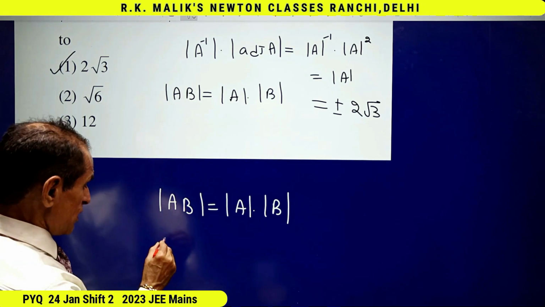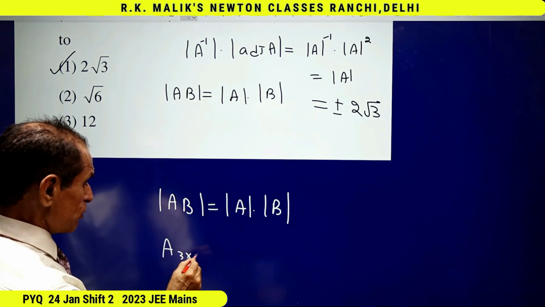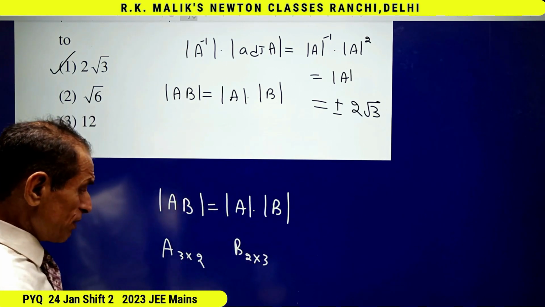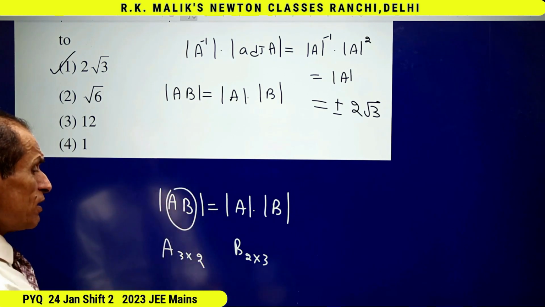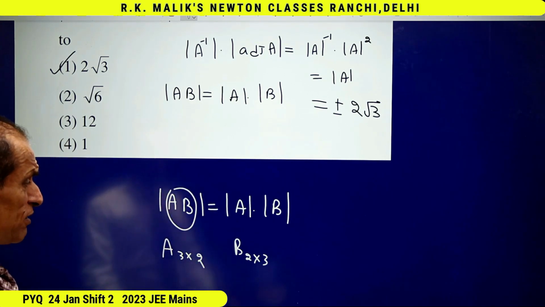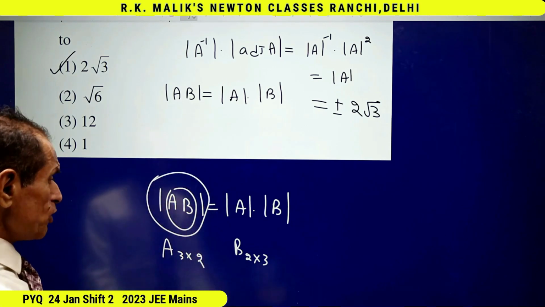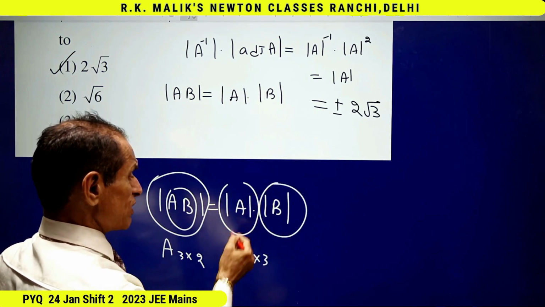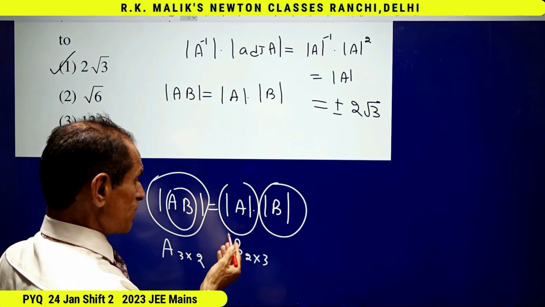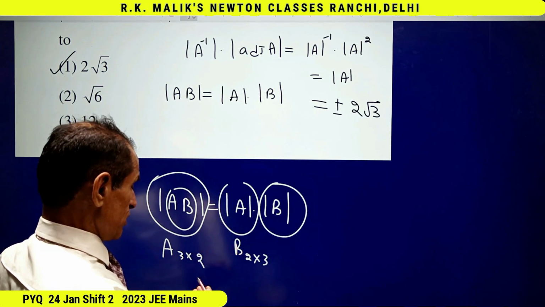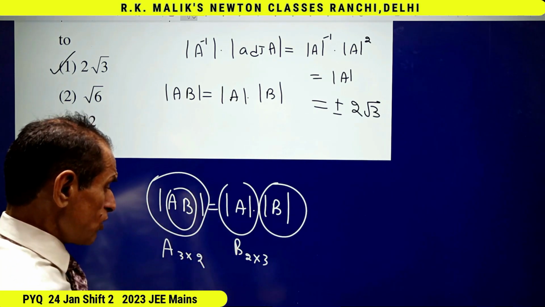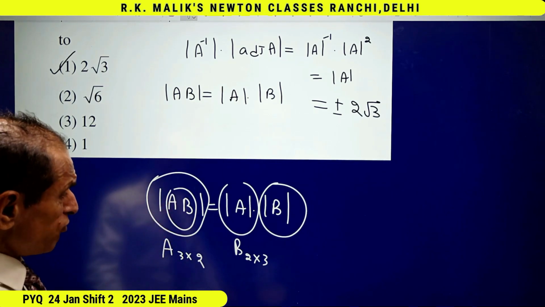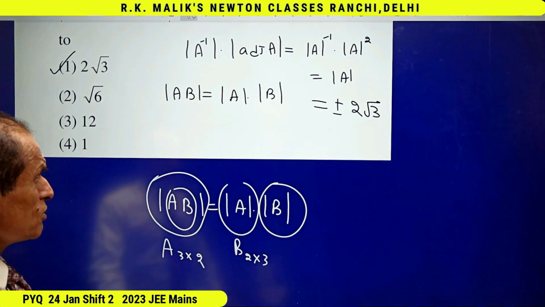Because if by chance A is 3 by 2 matrix, B is 2 by 3 matrix, then AB will be 3 by 3 matrix and determinant of AB will be possible to find. But in this case, this will be undefined, because determinant can be found only of a square matrix. Therefore, if A and B are not square matrices of same order, in that case, this formula will not be true. This thing I have told just for knowledge.